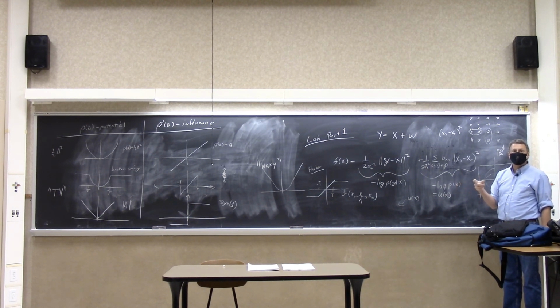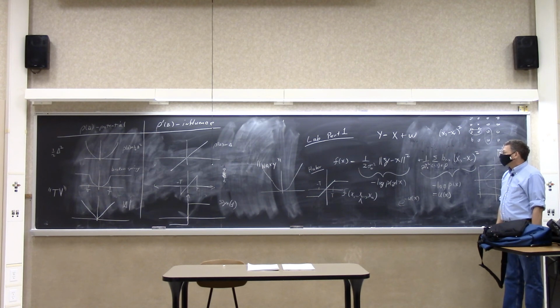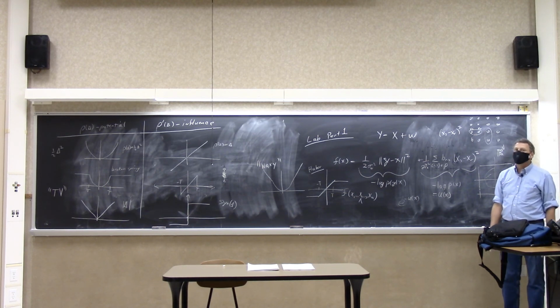So we'll talk about that. And that's the section on surrogate functions and majorization, which is a general technique for doing optimization of non-quadratic functions where you have to do it fast, okay?